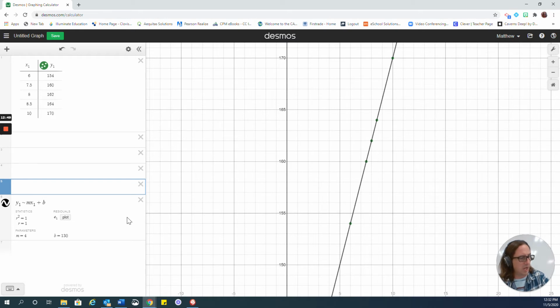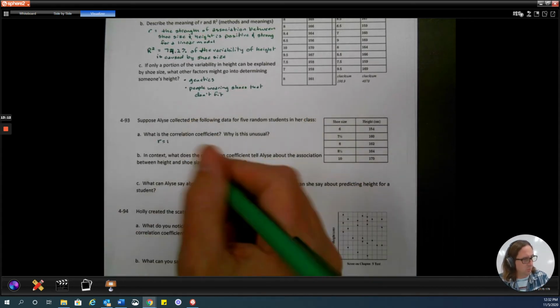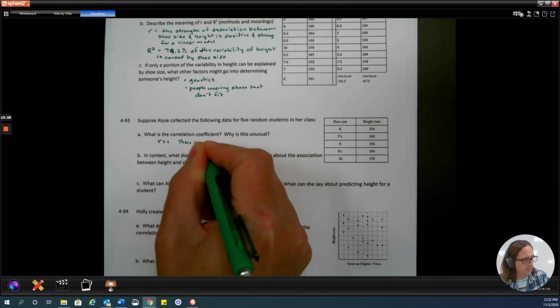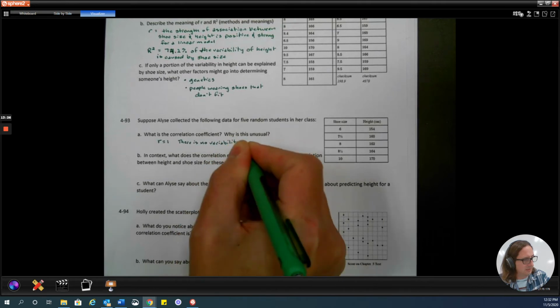The R value is 1. Remember what that meant? And why is this unusual? Okay, so our R value is 1. That usually doesn't happen because that means that there's a perfect correlation between the shoe size and the height. So it's 1. Why is this unusual? There is no variability in the data set.